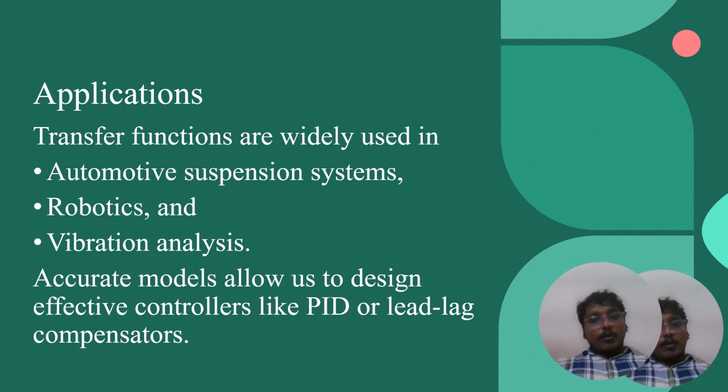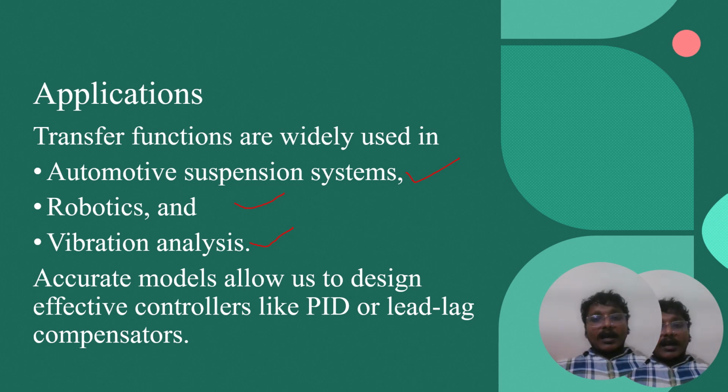Robotics has movement. In automotive suspension systems there is force and mass. And with vibration there is additional movement. These are the things where we have both mechanical and rotational parts, so we need to consider them.